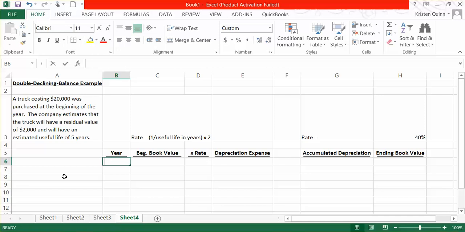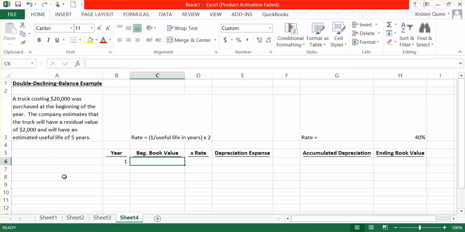So, in year 1, my beginning book value. Remember, book value is calculated by taking the beginning initial cost of the asset and subtracting away any accumulated depreciation.